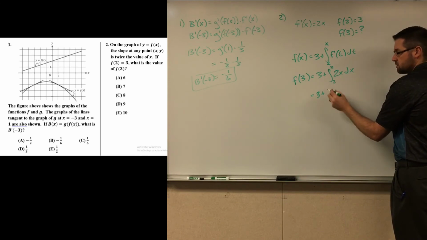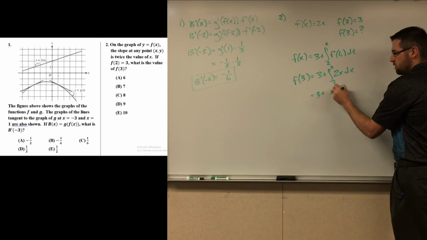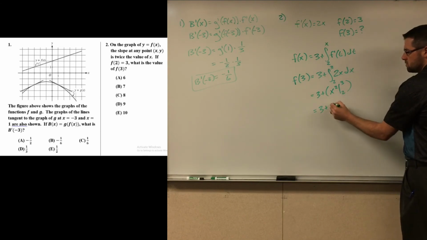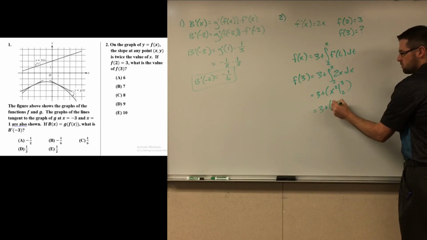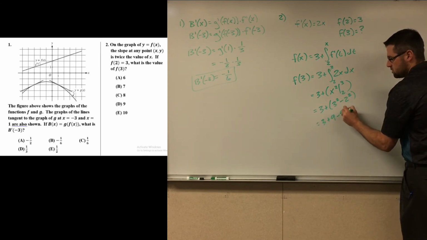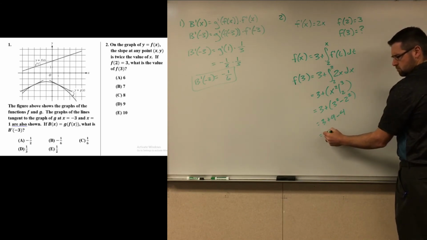So what's the integral of 2x? X squared. We're going to evaluate from 2 to 3. So 3 plus what? 3 squared minus 2 squared. So 3 plus 9 minus 4, which is 8.